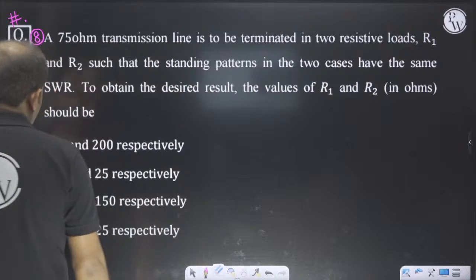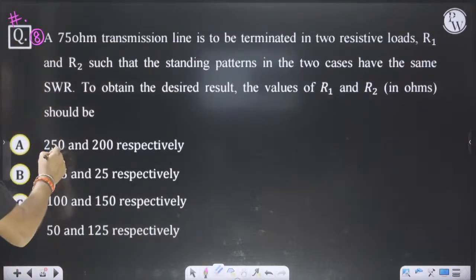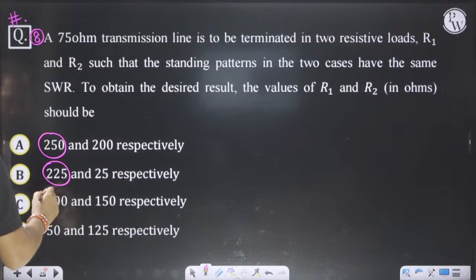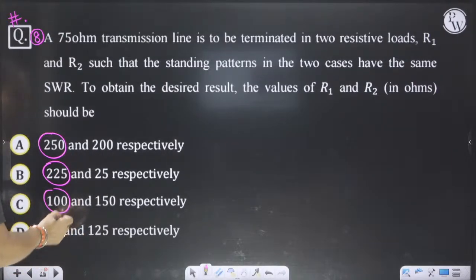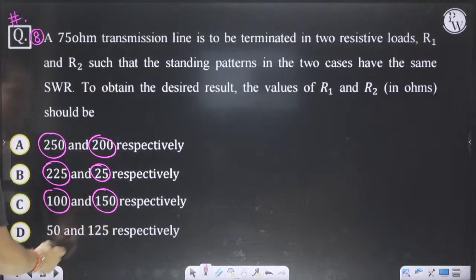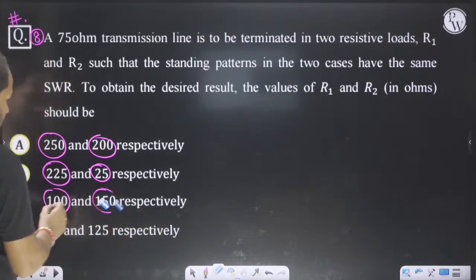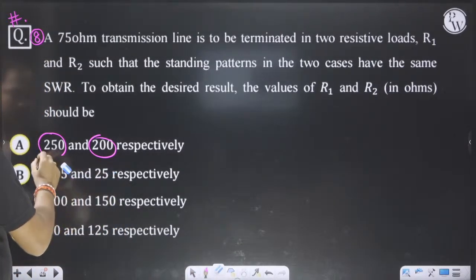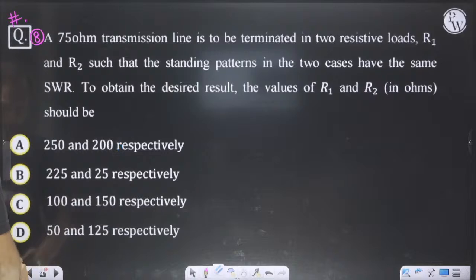Here you can see R1 is taken as the larger value in all cases, and R2 is taken as the smaller value. In some cases they have taken larger values also. So I will take both a larger and a smaller value, and then we will solve.